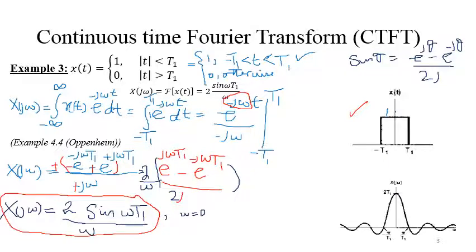So you either have a phase spectrum or the magnitude spectrum. On the x-axis we have frequency.